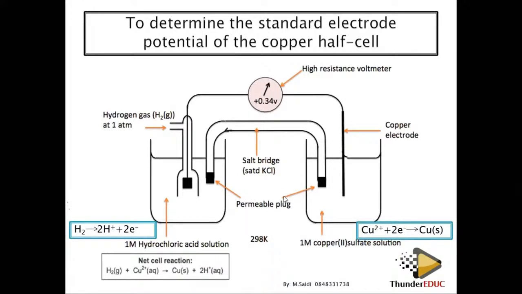So I will start with the anode, when you write the cell notation. I have hydrogen. This hydrogen goes to platinum. So I have hydrogen gas, comma, platinum, because this platinum shows that this is just an electrode.